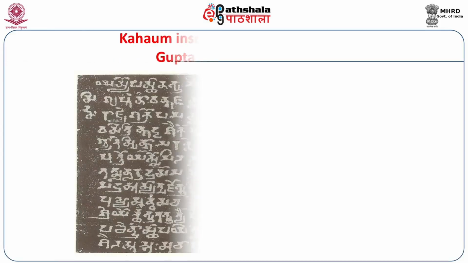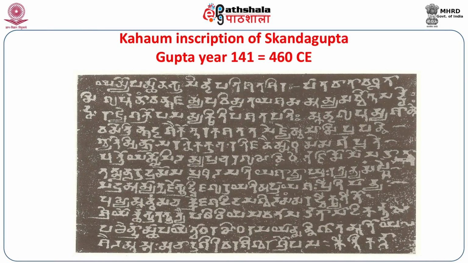We see the final manifestation of the late Brahmi script in some major Middle Ganga Valley Gupta inscriptions like the Allahabad pillar inscription, or as in this slide, the Kahaum inscription of the time of Skandagupta, dated in the middle of the 5th century CE. Here you can see all the characteristic features that characterize late Brahmi appearing on stone.